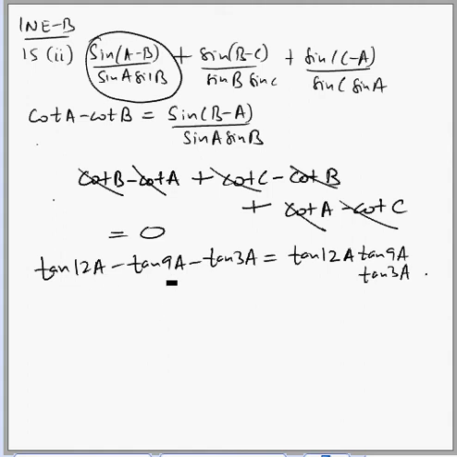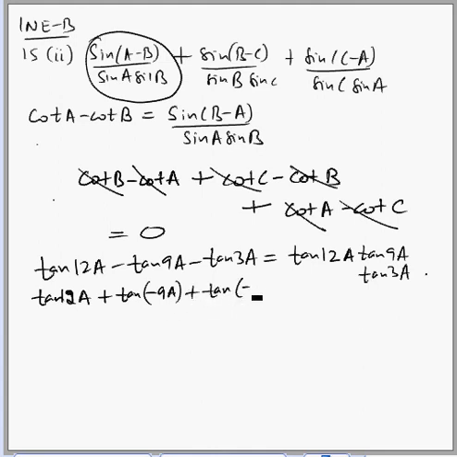Now if you just look at this side, first of all you can write this as tan 12A plus tan of minus 9A. You know, tan of minus theta is minus tan theta. We can shift the minus sign out of the tan, or from outside we can shift it inside. Same we can do with this term.